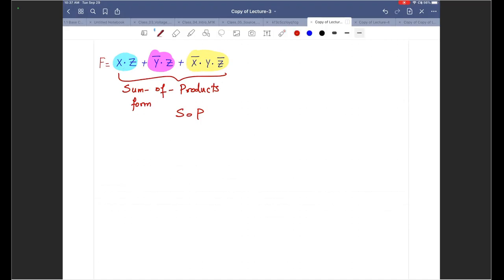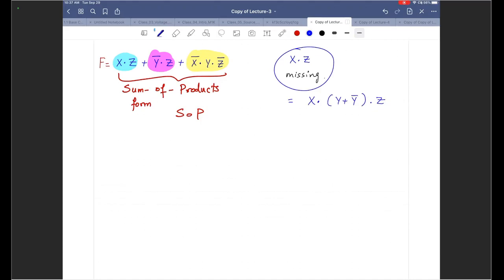If you look at the first term, X and Z, it is missing Y. So I'm going to force Y on top of that term without changing its value. I can say this equals X and (Y or Y complement) and Z, because Y or Y complement is going to give me 1.